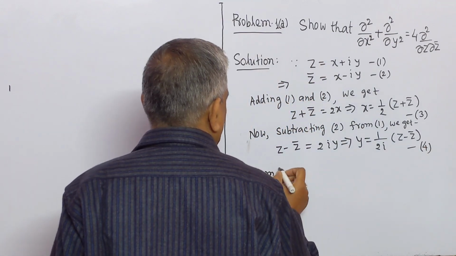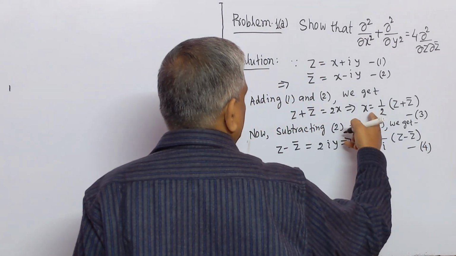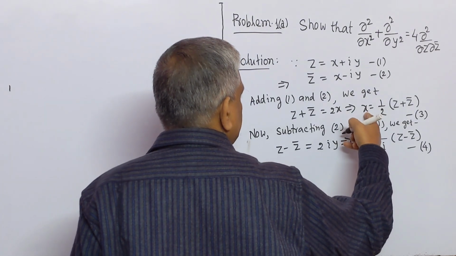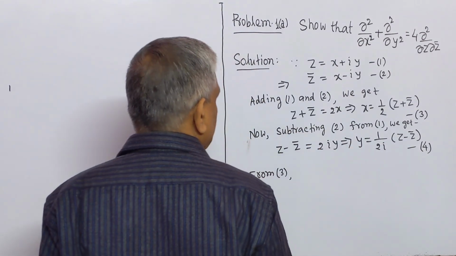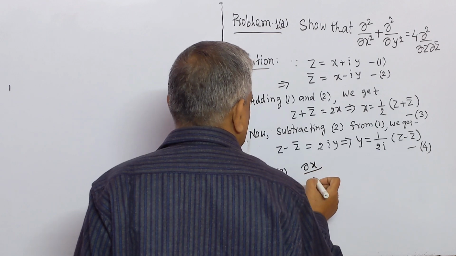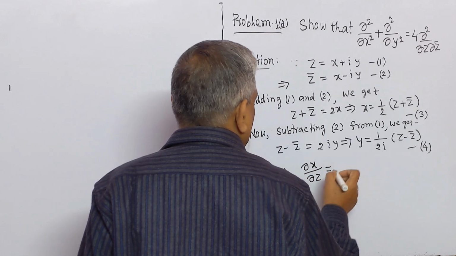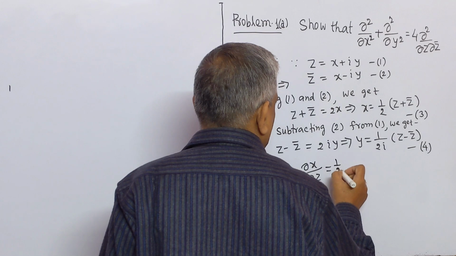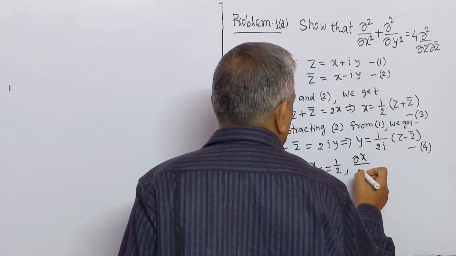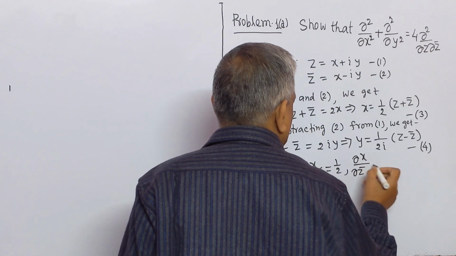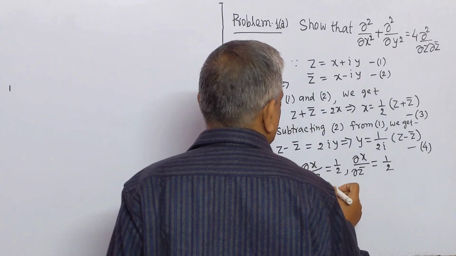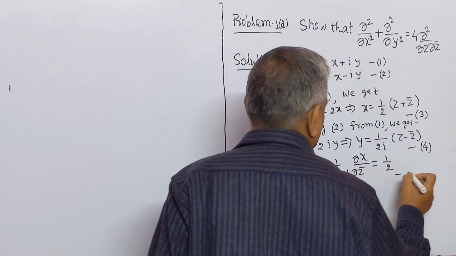From 3, if we differentiate this with respect to z and z bar respectively, we get partial derivative of x with respect to z equal to half, partial derivative of x with respect to z bar, this is also half. This is number 5, this is number 6.